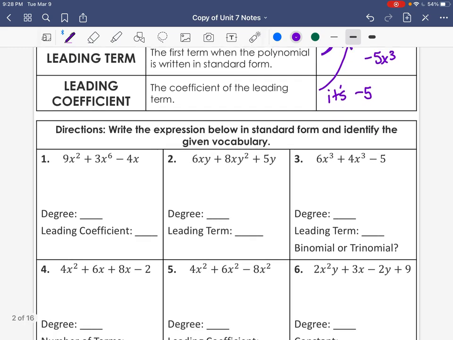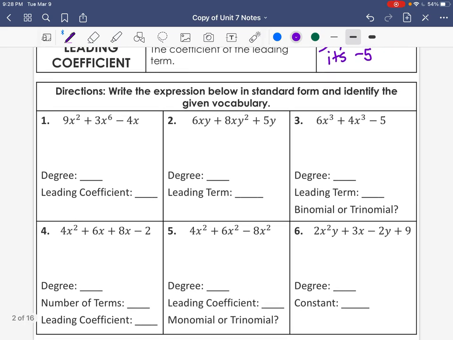All right, so something really important when we're working with polynomials is to get them in standard form, and be able to identify some parts in them. So to get them in standard form, you always want to look first and make sure of how many variables you have. So in number 1, we only have x, and so we don't have to worry about alphabetical order because x is x. Then you want to look at which one is the biggest exponent, and it is this term. So that one gets to be the leader.